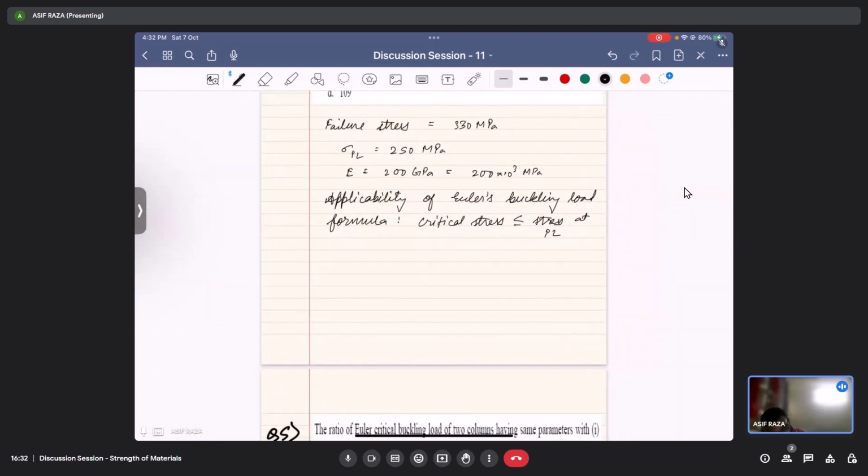Thus our P E upon A or sigma E, that is P upon A, must be, so sigma E must be less than or equal to sigma PL, and this can be written down as pi square E upon lambda square must be less than or equal to sigma PL.